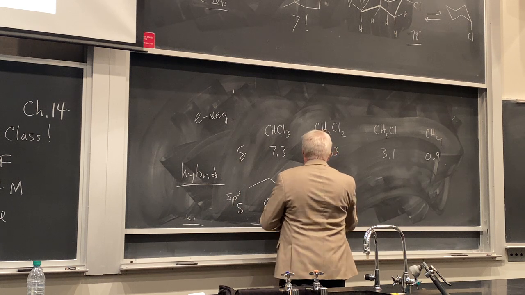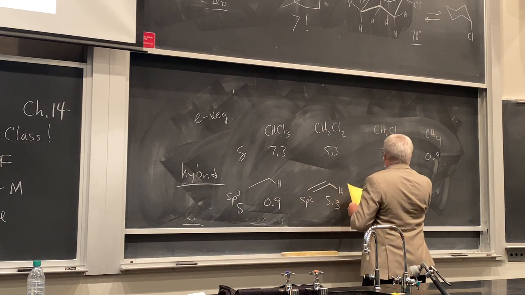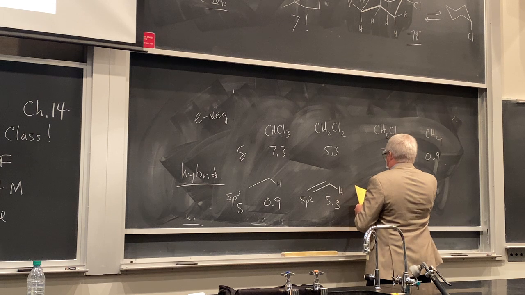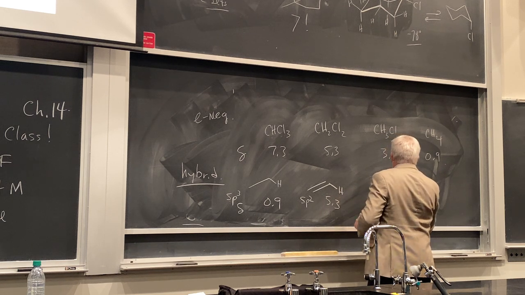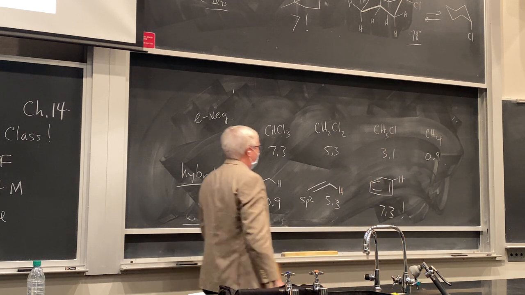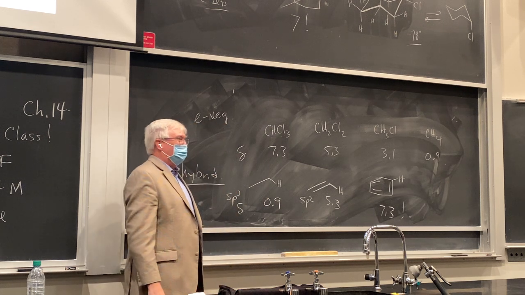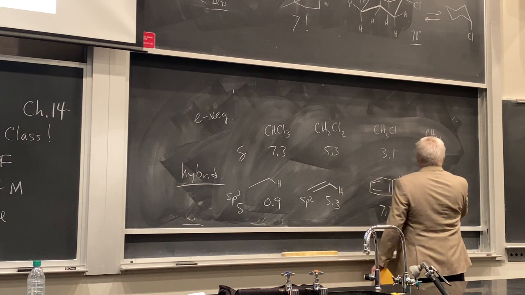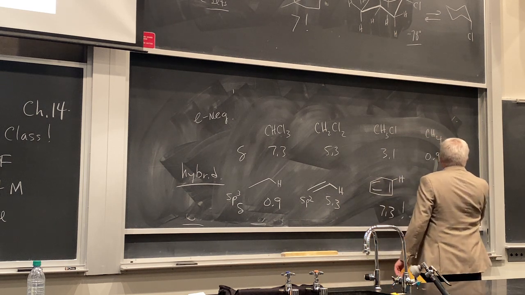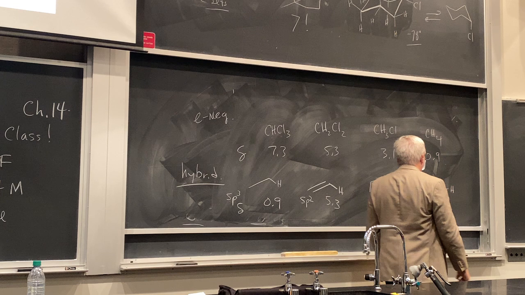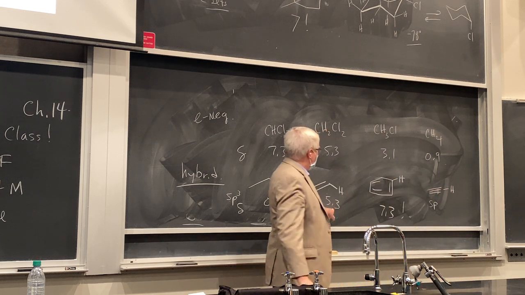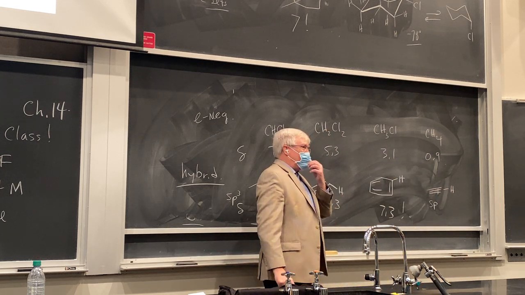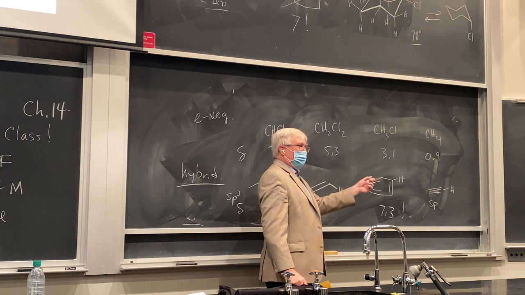But what about here? De-shielded, 5.3. And what about aromatic? 7.3. What went on there? That's still sp2, but there's some other effect we'll have to talk about there. And what about this? That's sp. Let's see, if sp2 are way up here around 5 and 7, where should sp hybridized be?